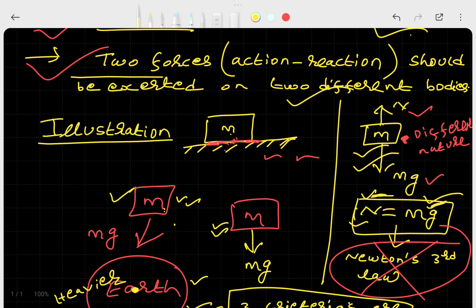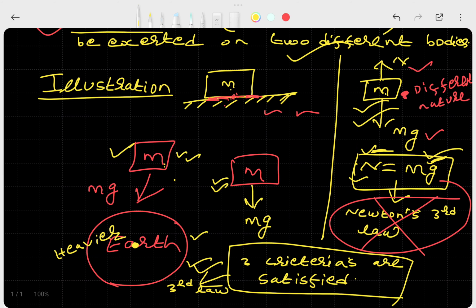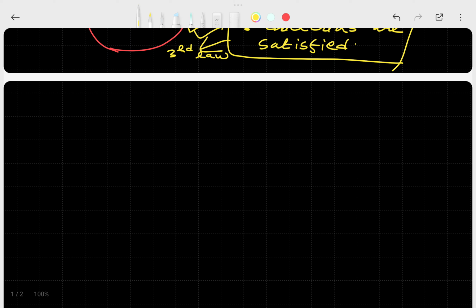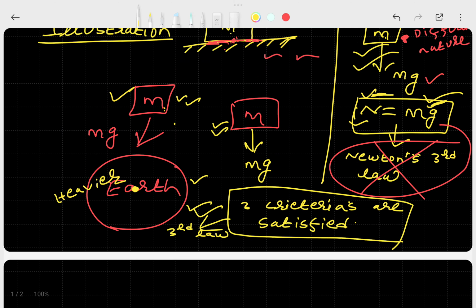One body should exert a force and the other should exert the same amount of force, of the same nature, on the previous body. But here only one object is there, so you cannot apply Newton's third law. This is the concept regarding Newton's third law that I have clarified in this class.